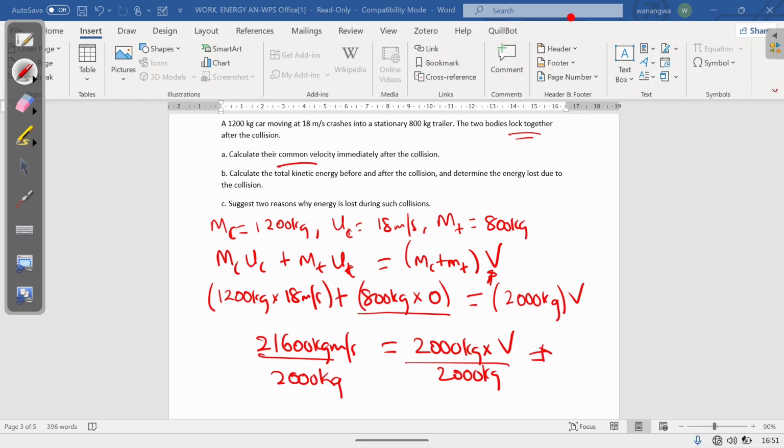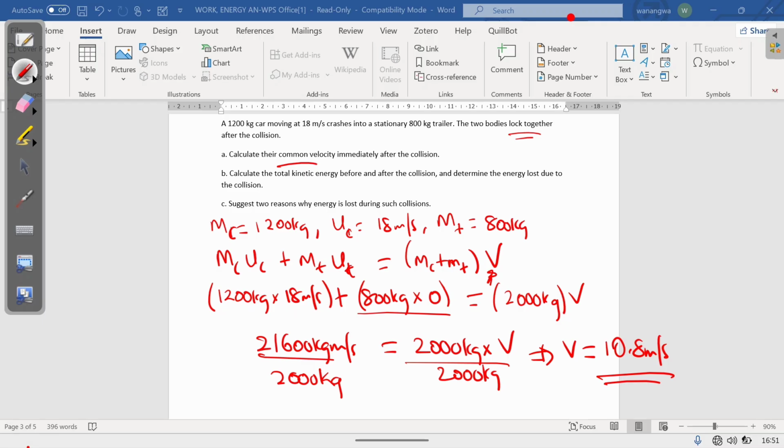That means V will be equal to 21,600 divided by 2,000. This gives us 10.8 meters per second. That's the common velocity.